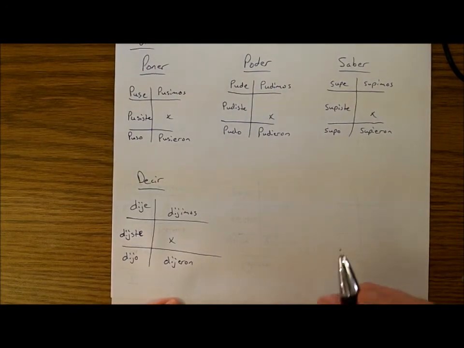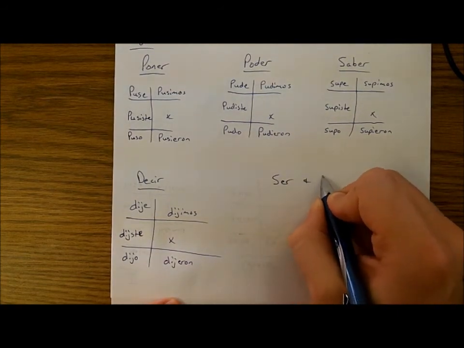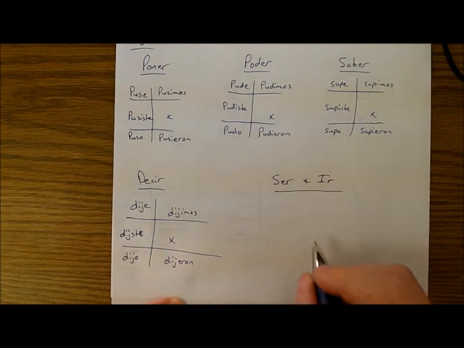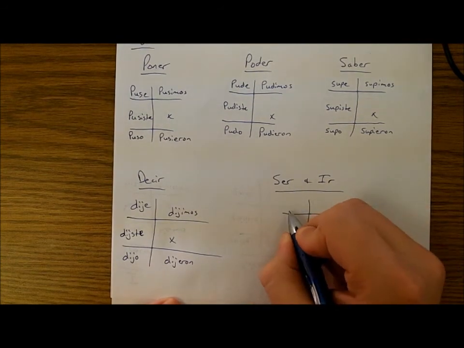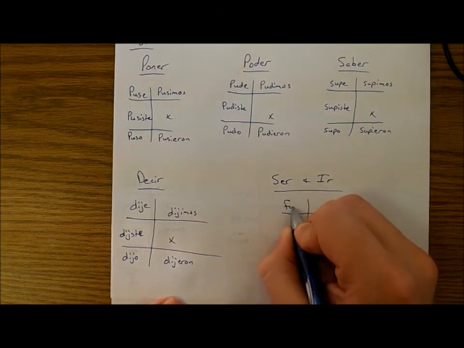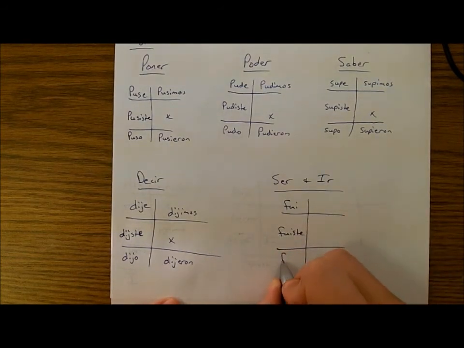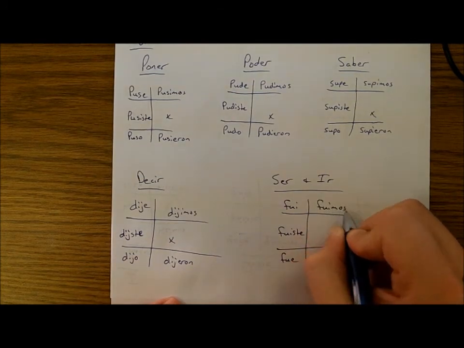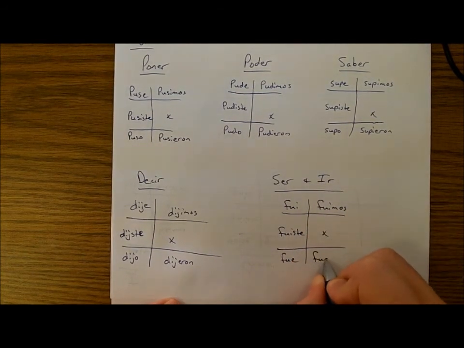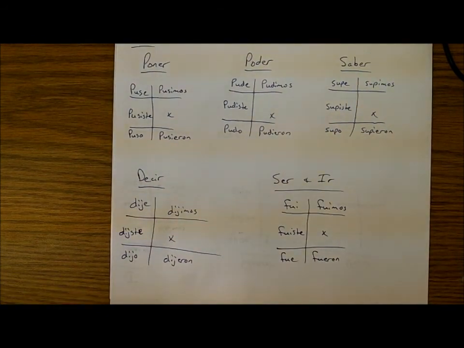The other two that are in this category are ser and ir. Now you're wondering why I have them together like this, and that's because they share the same exact conjugations. We have fui, fuiste, fue, fuimos, and fueron.